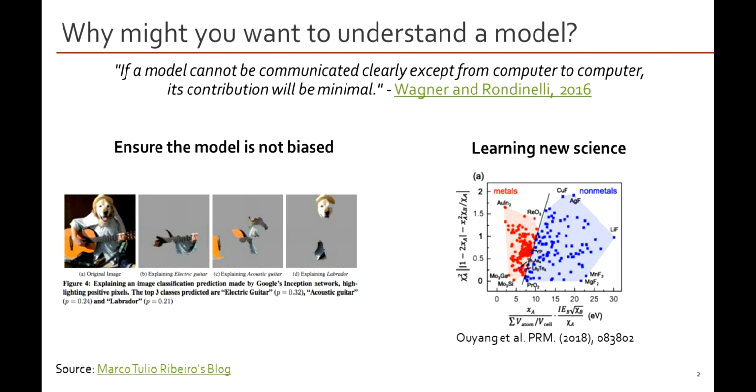For example, this paper from 2018 illustrates how they trained an interpretable machine learning model, interpretable in the sense that it has features that can correlate to the expected physics of this problem, and be able to narrow down not only what exactly is going on in this model that is designed to distinguish between metals and non-metals, but further give some indication of why some of these materials sit on the boundary.